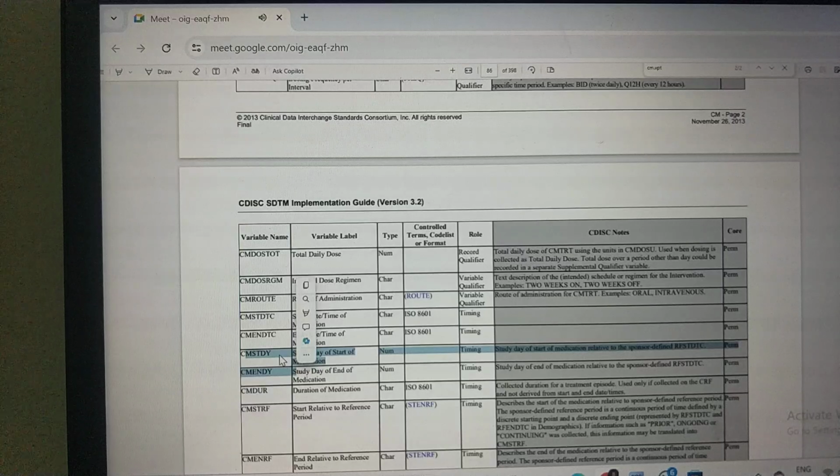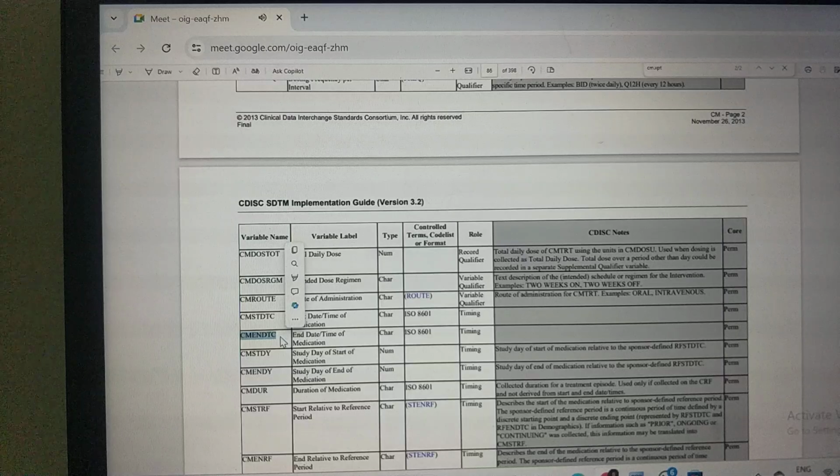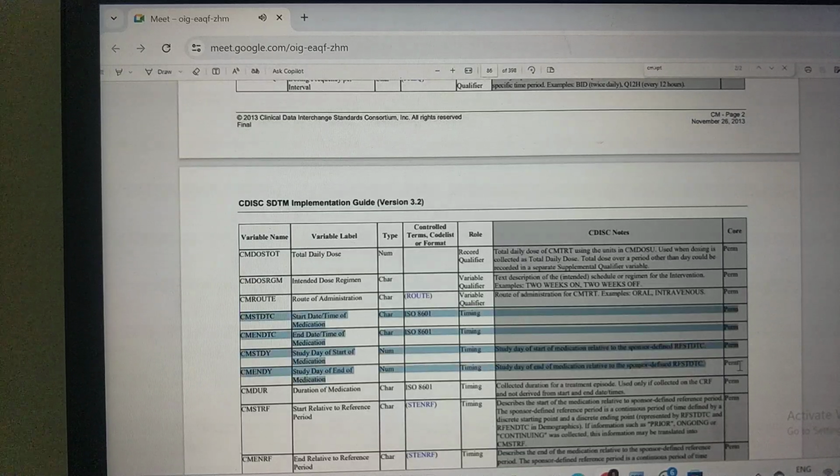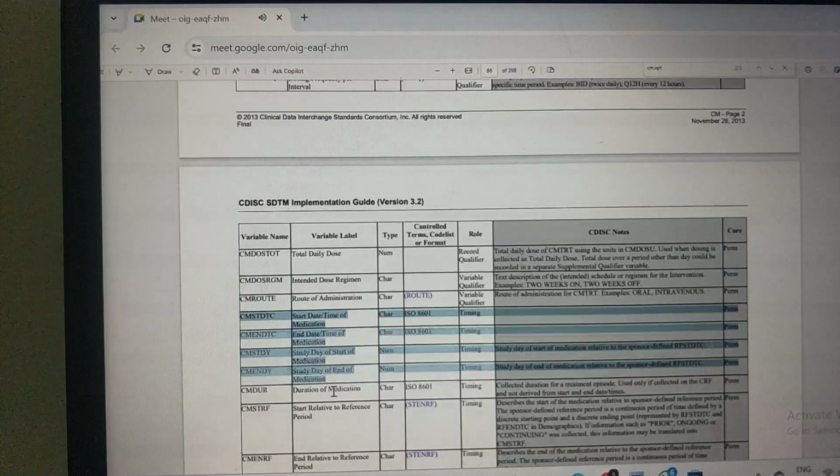As I said, each and every domain will have the date variables and corresponding study day variables: CMSTDTC, CMSTDY, CMENDTC, CMENDY. You already know this. We compare with RFSTDTC: if your assessment date is on or after RFSTDTC, then it is assessment date minus RFSTDTC plus 1. If the assessment date is less than RFSTDTC, then it is assessment date minus RFSTDTC. That's the principle, the derivation of your study day calculations.